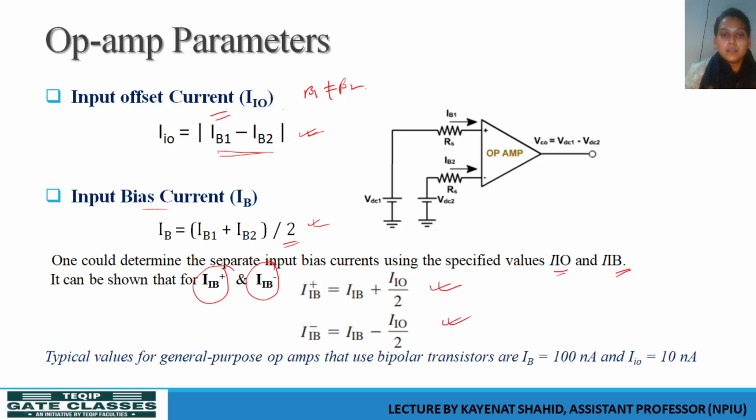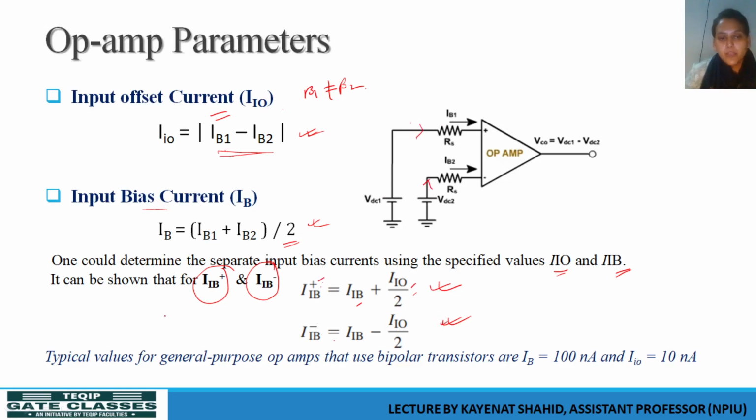From here you will be able to easily find, if the bias current and input offset current are given, the bias current flowing individually into each terminal, like the non-inverting positive terminal and the negative terminal. Individually we can calculate them.